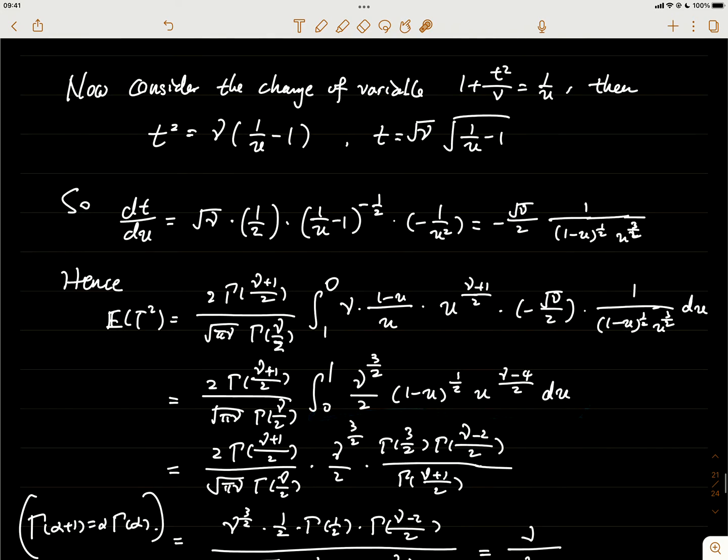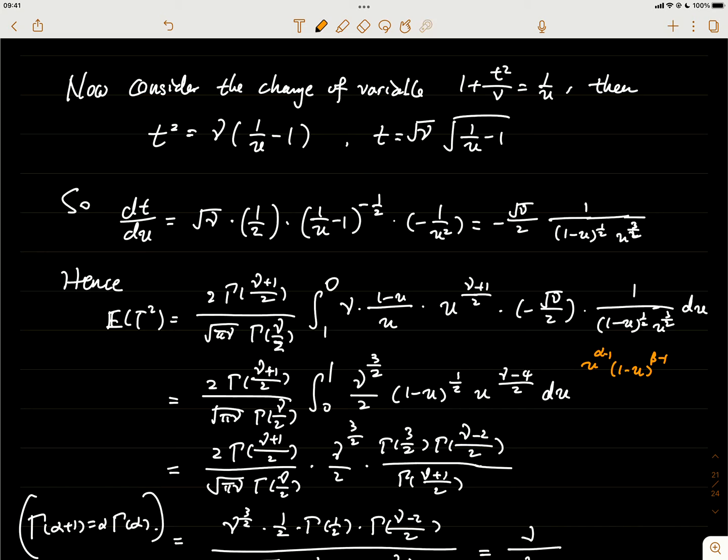From here we do not really compute it. The key is that you can recognize this part as something familiar: the beta distribution. For a beta distribution, if we have a PDF proportional to u to the alpha minus 1 times 1 minus u to the beta minus 1, then the random variable u follows the beta distribution with alpha and beta as the parameters.